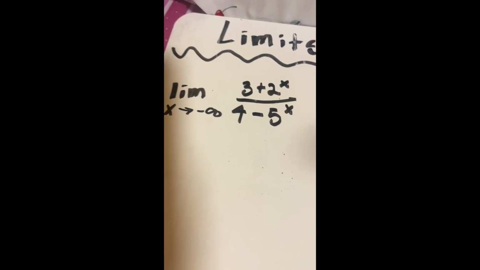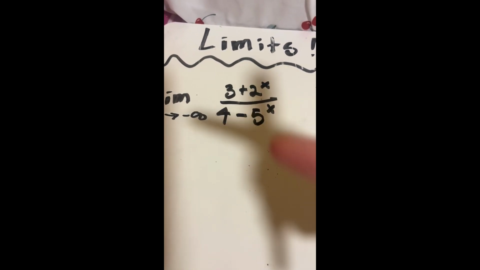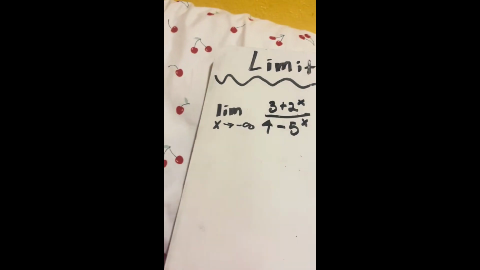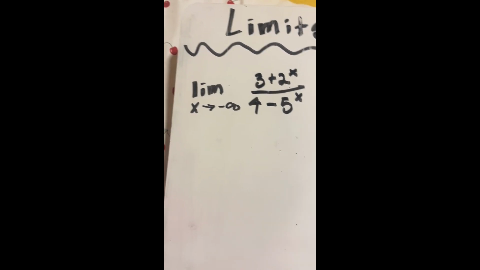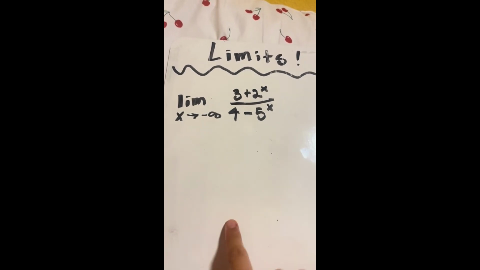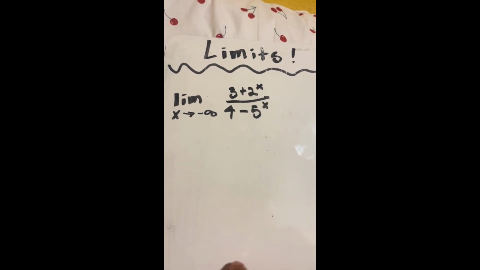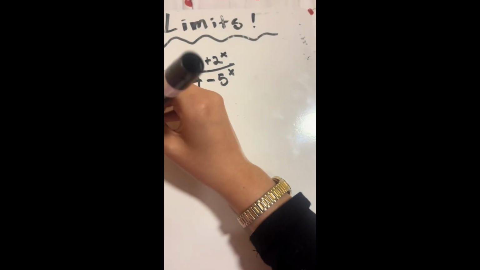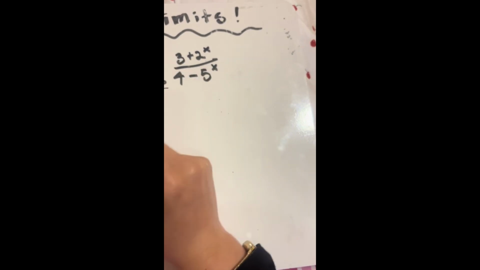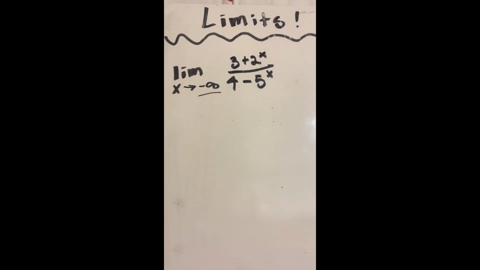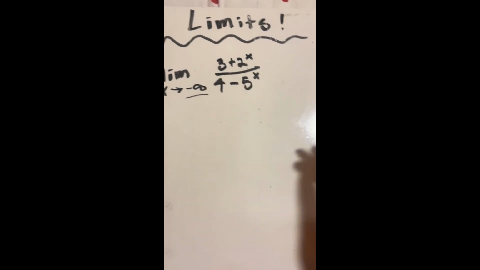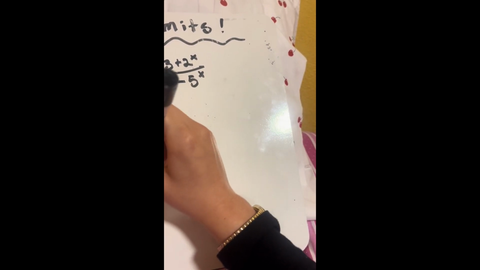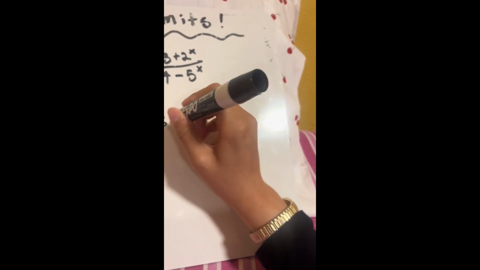Alright, so for our coating, we will be solving it by using limits. So the equation that we have right here is, as x approaches negative infinity, 3 plus 2 times 2 to the power of x over 4 minus 5 to the power of x. So our first step is to plug in negative infinity, but since negative infinity is boundless, it's equal to 0. So we're gonna plug in 0 for our equation.